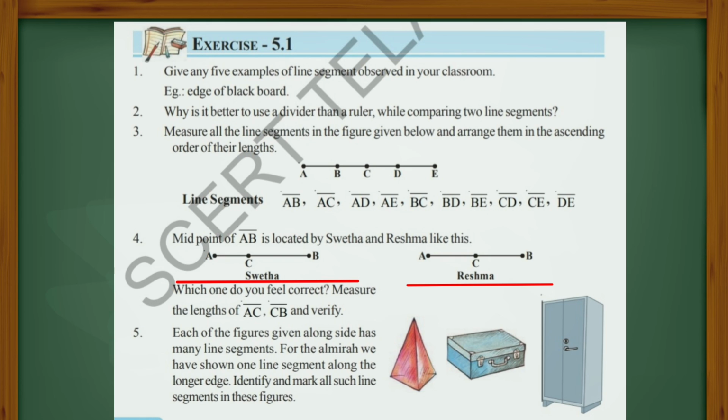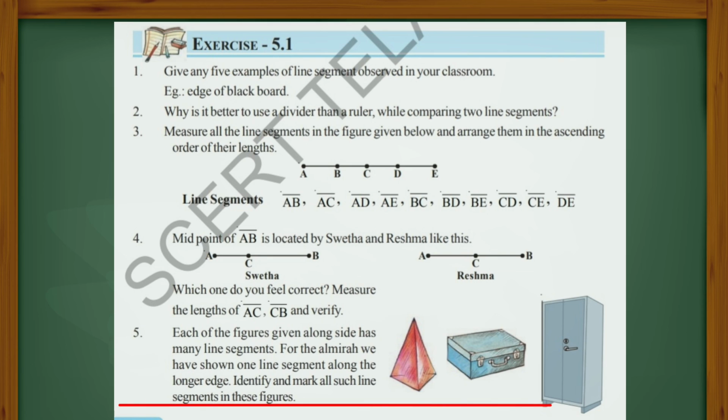You only tell which one is correct. Okay. Now come to the fifth problem. Each of the figures given alongside has many line segments. For the almirah, we have shown one line segment along the longer edge. Identify and mark all such line segments in these figures. Do all the problems in your notebooks.